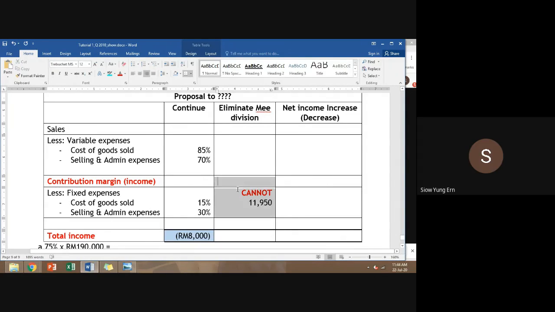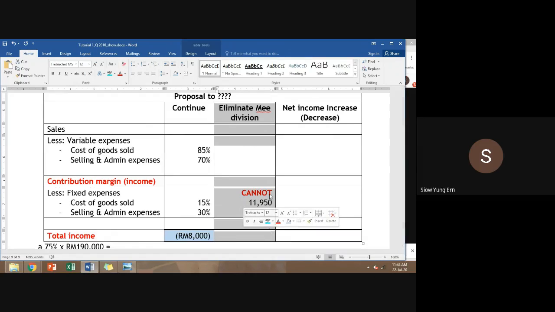Okay, next, calculate your total income. Hui Min, what do you get? What is your total income?